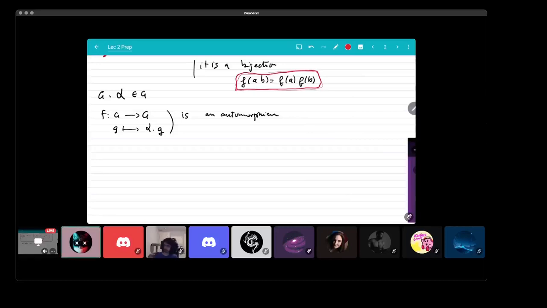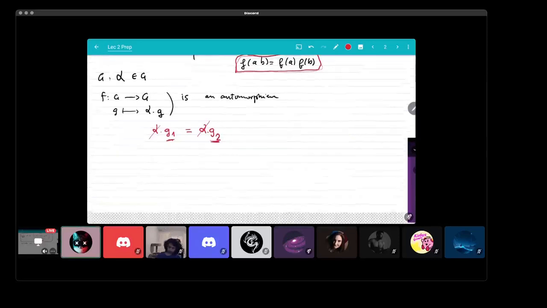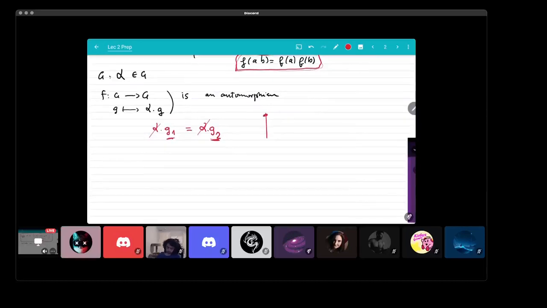And as for it being a bijection, if two elements have the same image, by cancelling out the alphas, we get that they're equal. So it's injective. So distinct elements have distinct images.